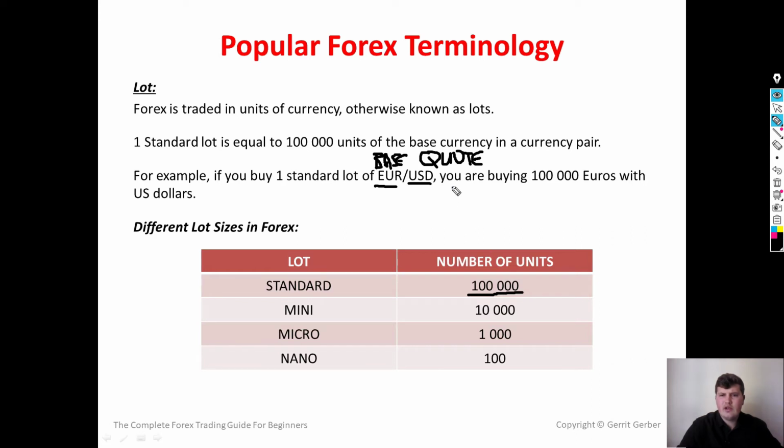So for example, one lot would be equal to 100,000, and similarly 0.5 lots would be equal to 50,000 units or 50,000 euros in this example. So that in essence is how lots work in the Forex market, and that is how you trade the Forex market, by entering different lot sizes.